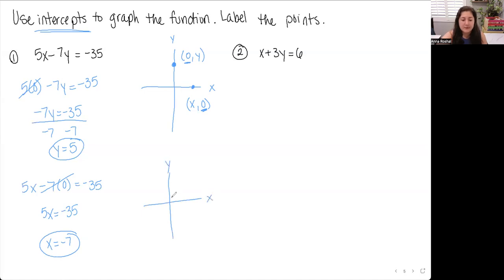So here's my x value, here's my y value. I find 5 on the y, and I find -7 on the x. That looks like a weird -7. And I know that these are both my intercepts because that's what I got here.